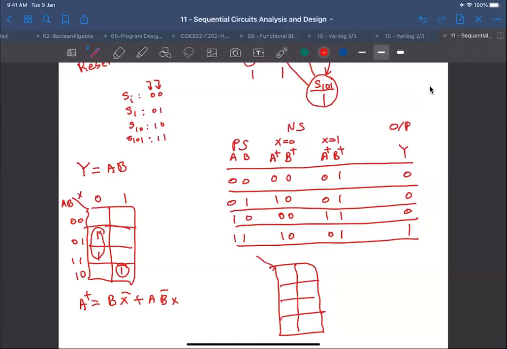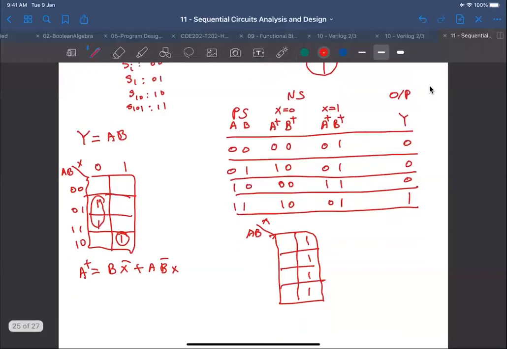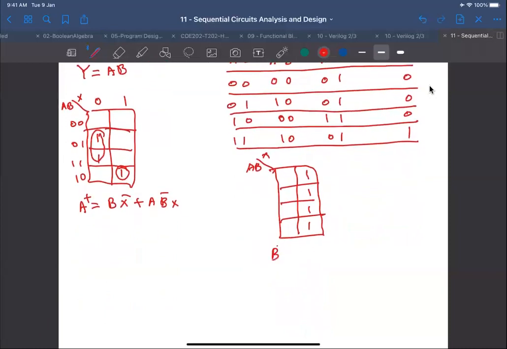B plus is going to be all ones here and all zeros for 00. So it equals X, in fact. Equals X. So my B plus is X.